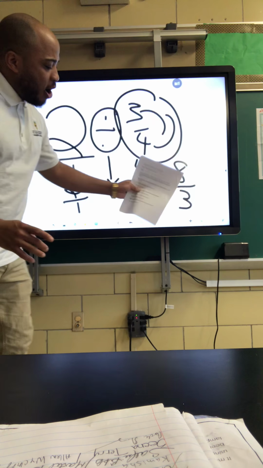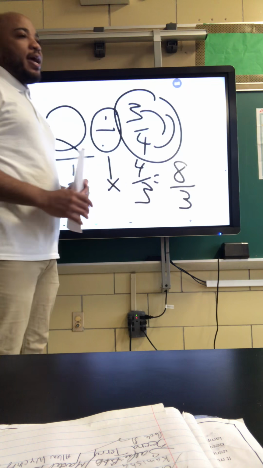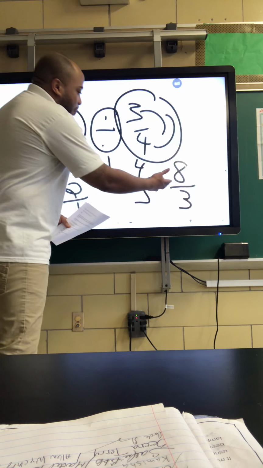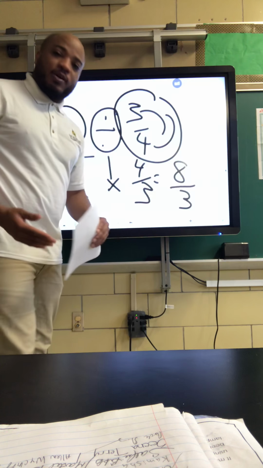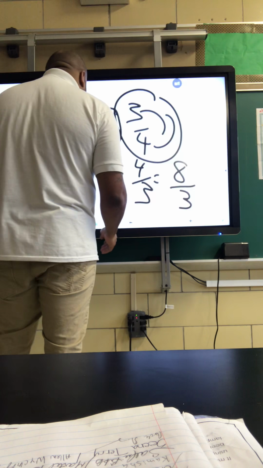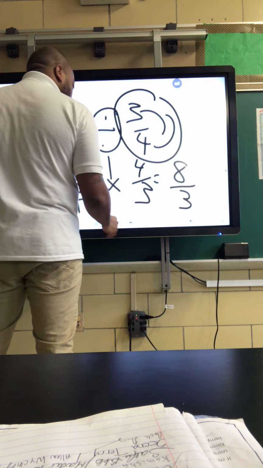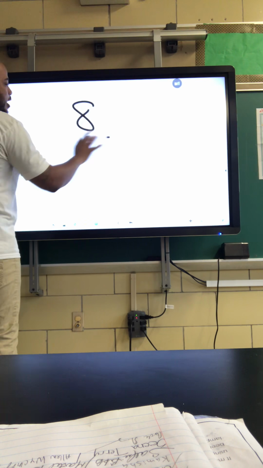Now we have part of our answer. As you may remember, this is only part of our answer because this is an improper fraction. We must change this improper fraction into what we call a mixed fraction. So here we go. We have 8 over 3.